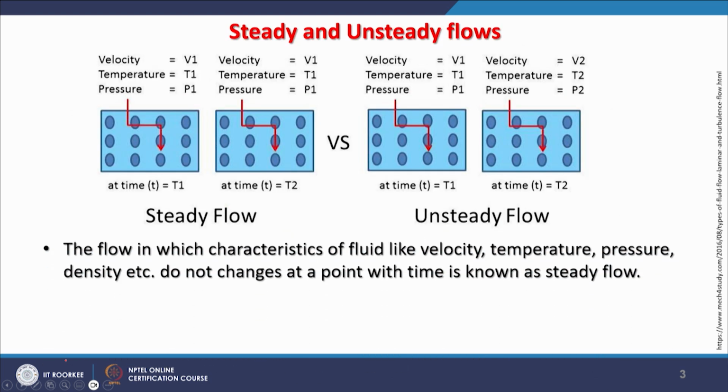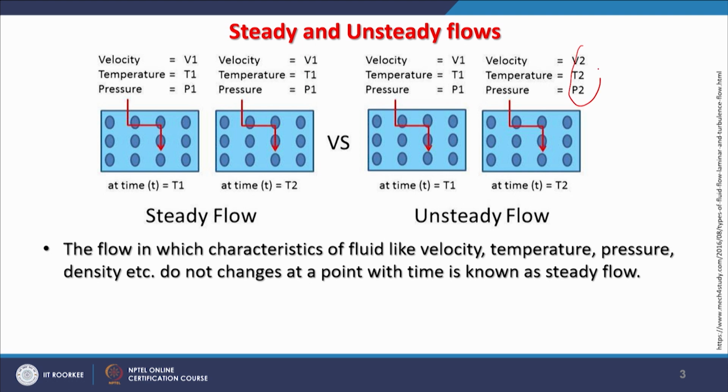Here you can see that the flow in which characteristics of fluid like velocity, temperature, pressure, density etc., do not change at a point with time is known as steady flow. If they change, as in the case of unsteady flow, both figures might look similar, but there are differences.